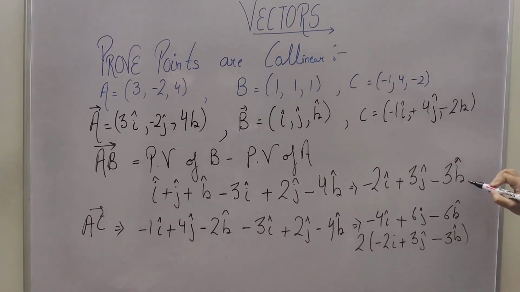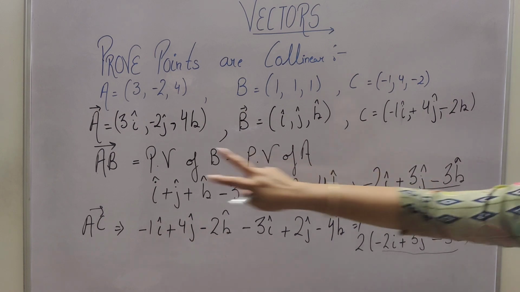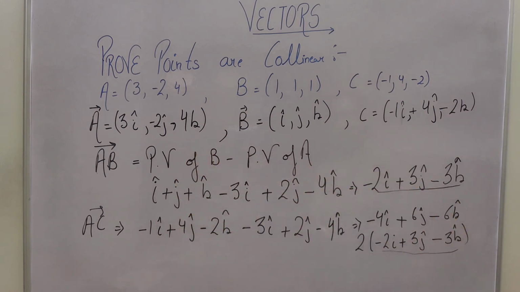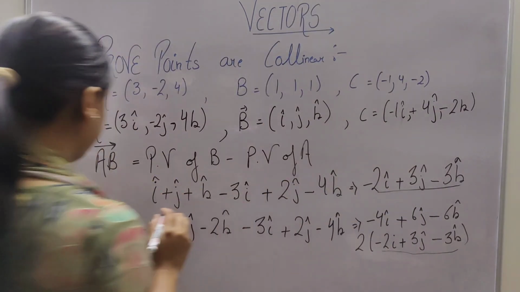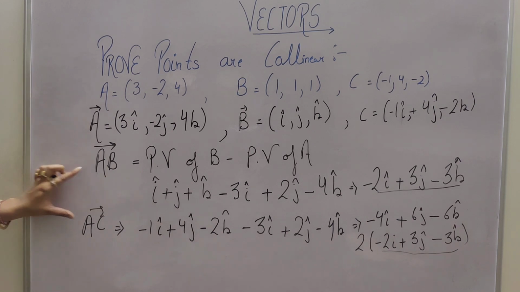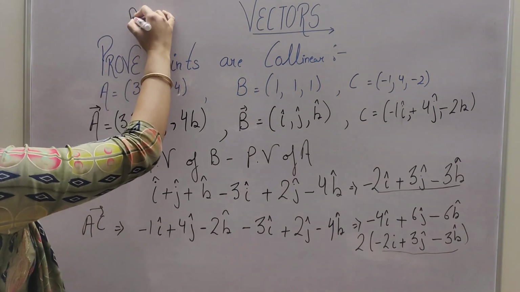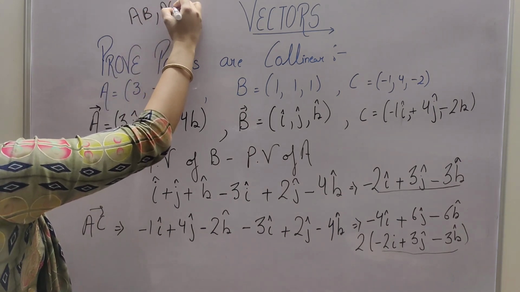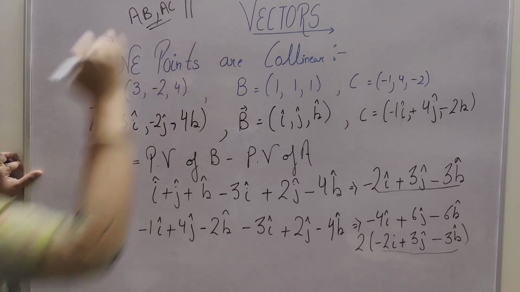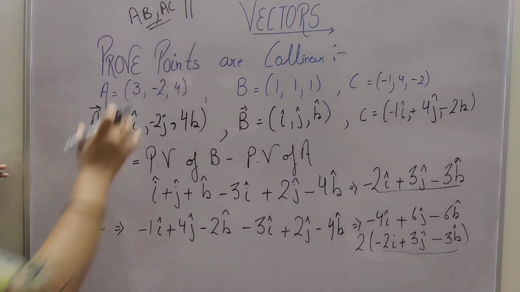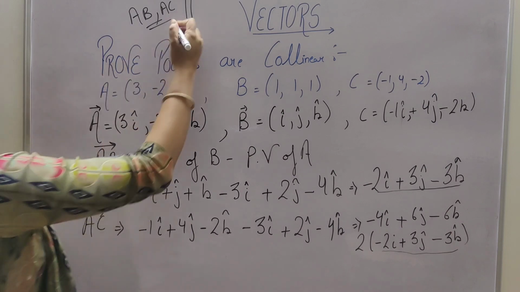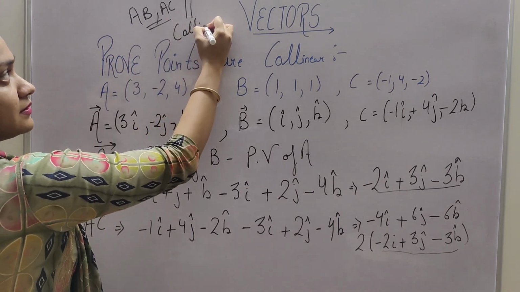So you can see that the equation of AB is exactly same as equation of AC. If we take 2 as common, you will see AB is same as AC. And if AB and AC equations are same, either AB and AC are parallel, or they are collinear.